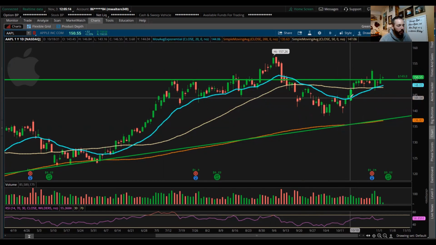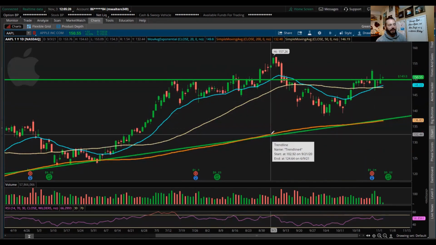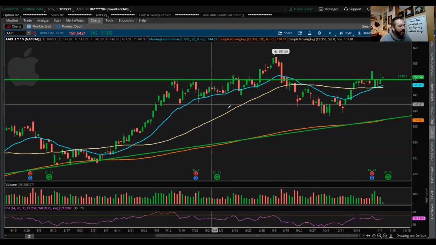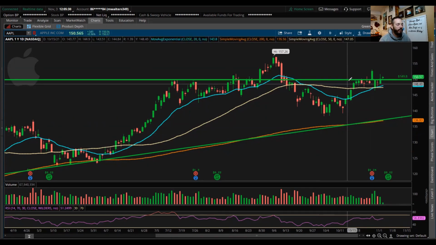We break over the 20, we break over the 50, very good price action, but then we run into this area again. This very clear area where we're running out of buyers. There's just more sellers than buyers. So what ends up happening? For a whole week, we can't break out.